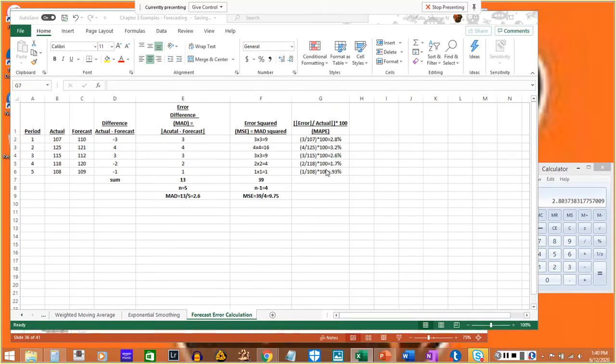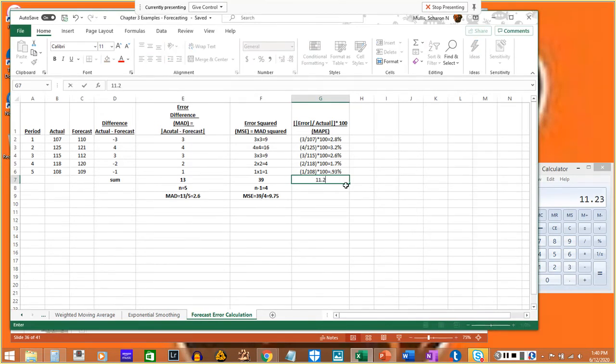After you calculate all of the absolute percent errors, you're going to come up with a sum. If you add 2.8 plus 3.2 plus 2.6 plus 1.7 plus 0.93, that gives us 11.23%. So that's the sum.